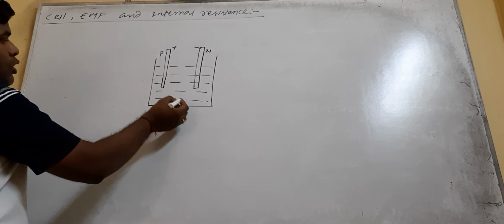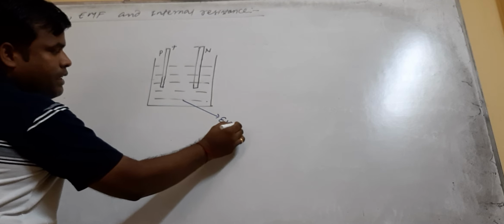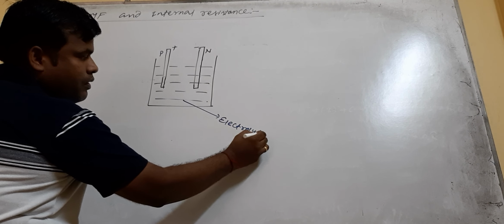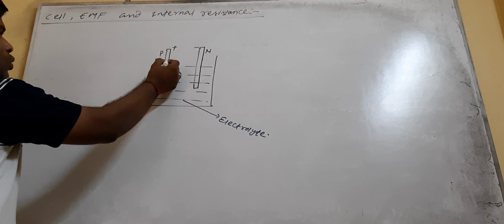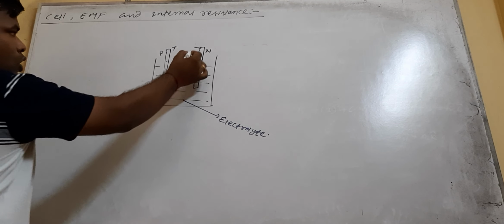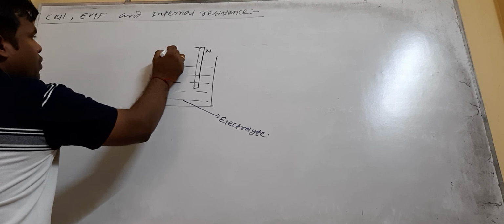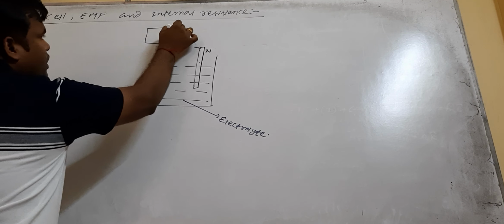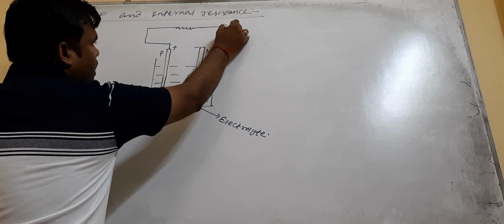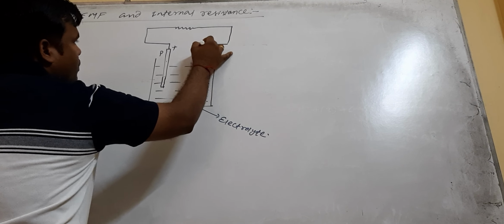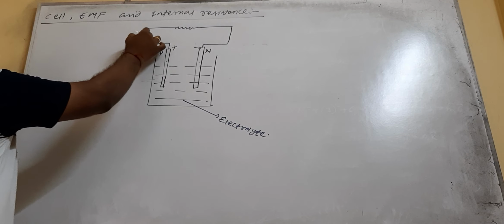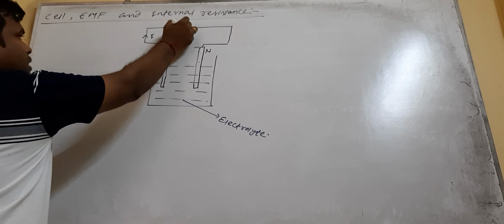In the cell, you have electrolyte and you have two electrodes. One is your positive electrode, the other one is your negative electrode. So when you connect the two electrodes by an external load, current will pass through this external resistance.